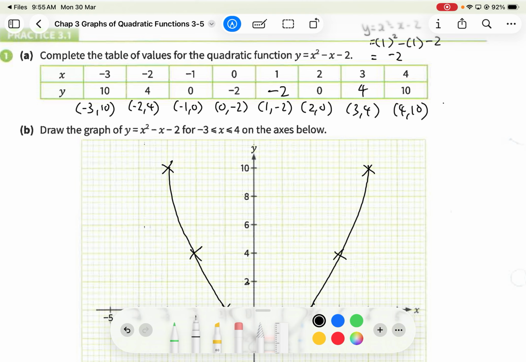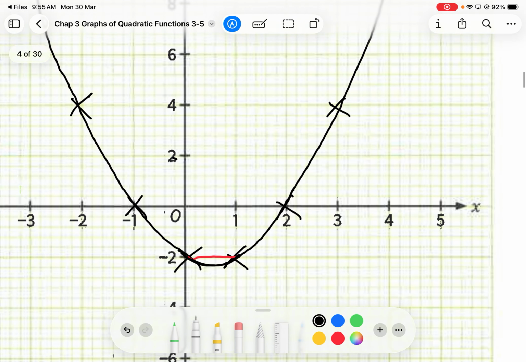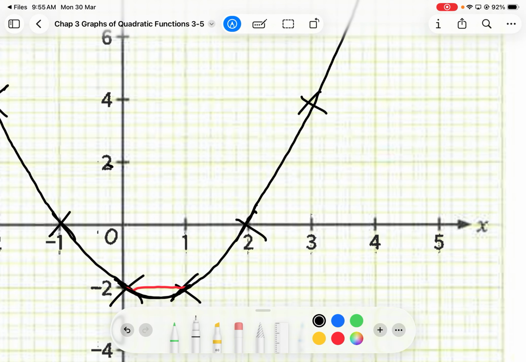So when I join them together, these are not the only points that balance this equation. Everything on this line also balances this equation. Okay? So it is not just 2, 0, when x equals to 2, y equals to 0. Not only that, from this line, I can tell when x equals to 2.6, y is 2.